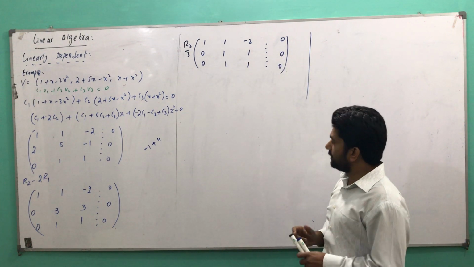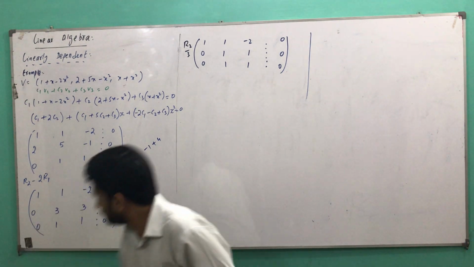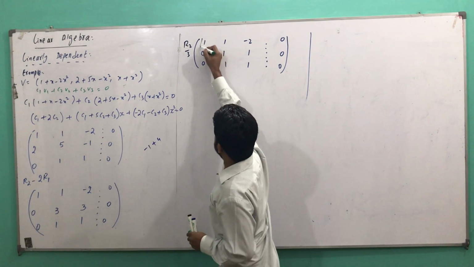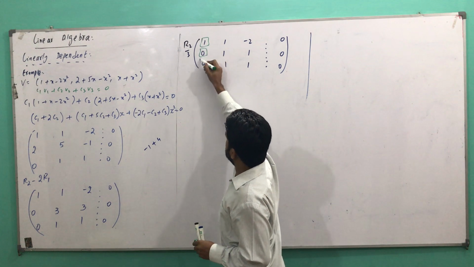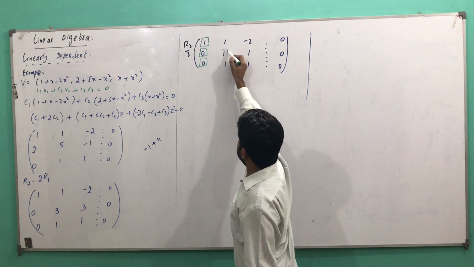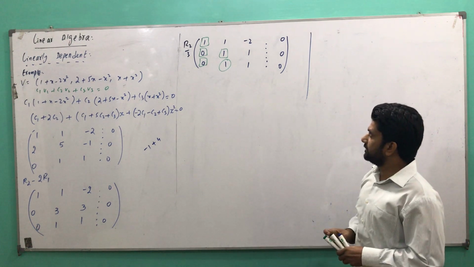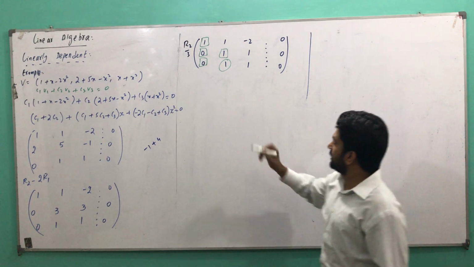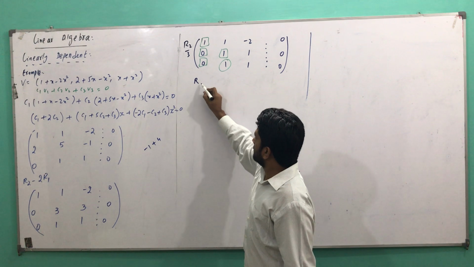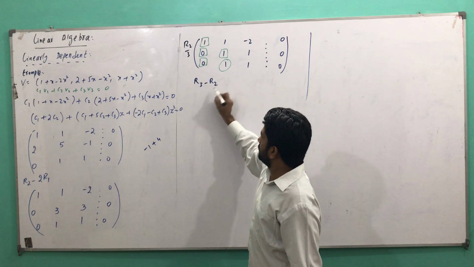So now I have this. This one we have done, and this one needs to be 0. This 0 can come when you subtract row 2 from row 3.